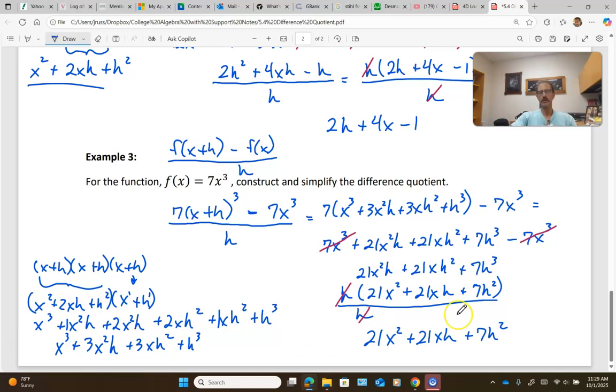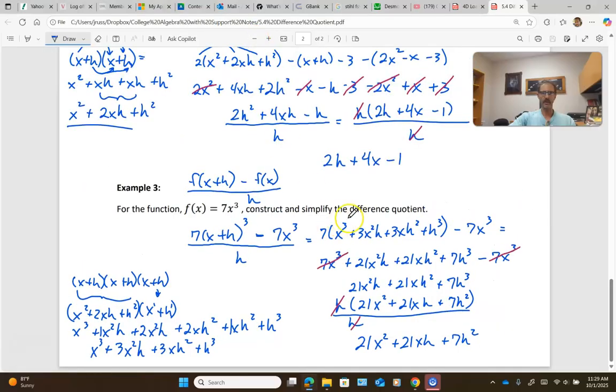So this one's similar to the last one. This one depends on x and h again. And guys, the more complex the function is, the more complex the difference quotient will be. Okay, so anyway, I hope that you understand this conceptually. I tried to explain what exactly it is that you're finding.